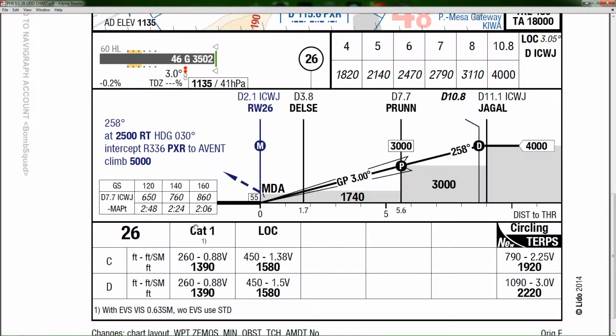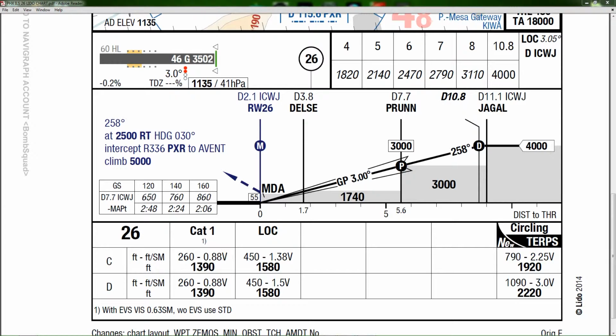So the weather does not allow for minimums, and what I mean by that is, for example, here we've got our minimums information, and I'm just hopping back over to my information to make sure I give you the proper information.